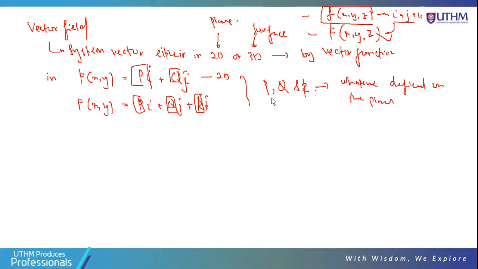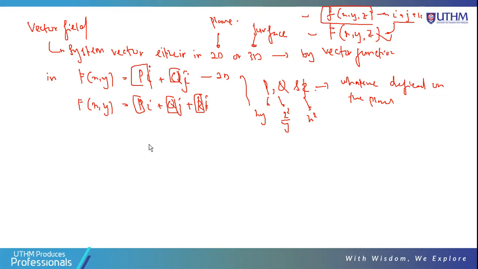Maybe xy, or z to the power 2y, anything related to a function such as x squared and so on. So this is the definition of the vector field. How can we sketch the vector field?